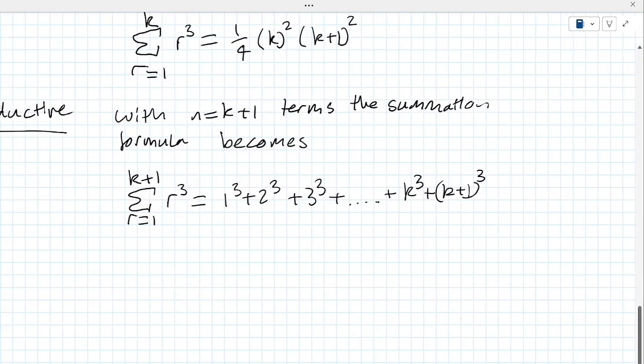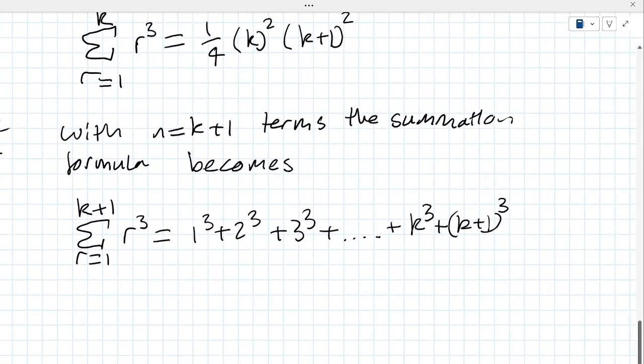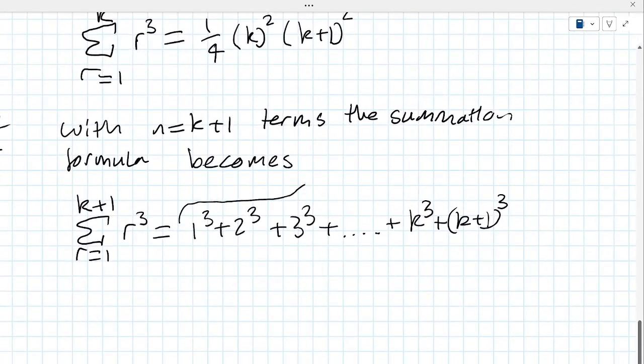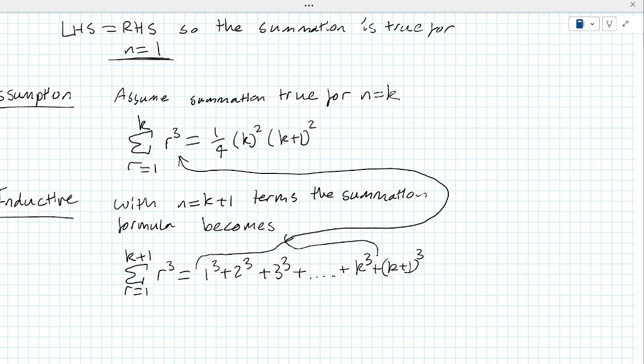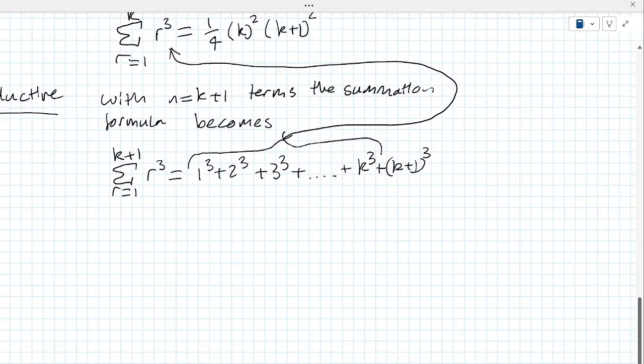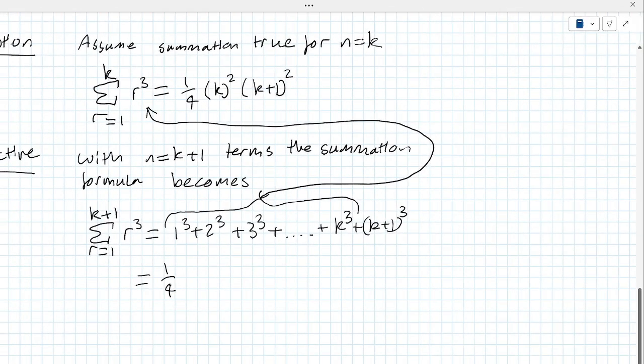With this, you can notice that actually this part of the equation right over here is the same as this. So we could just input this over here, or substitute this into the equation, and then we get 1 over 4 k squared, k plus 1 squared, plus k plus 1 cubed.